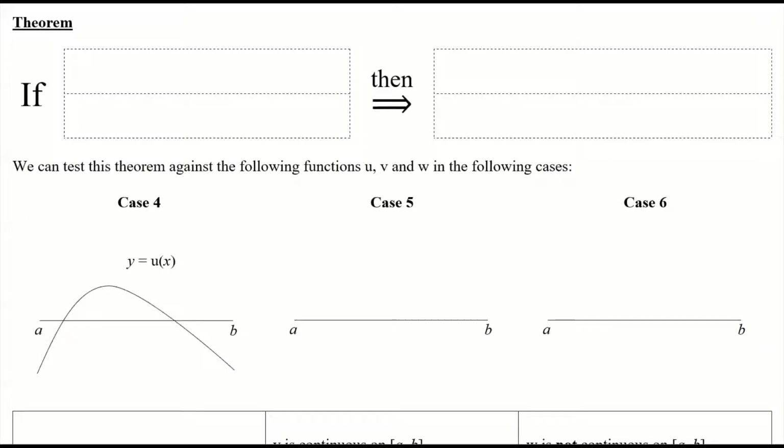So what can we deduce from all this? Well, we know that if we have a function f and it's continuous on an interval, we're going to state that. So if f is, I know there was f, g, and h, but for generality's sake, we'll just call it f.